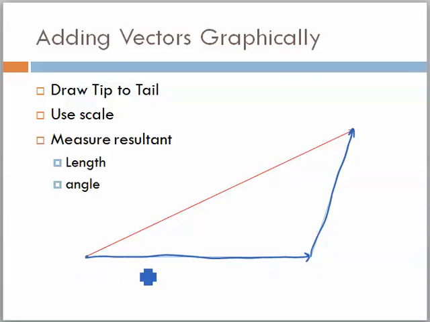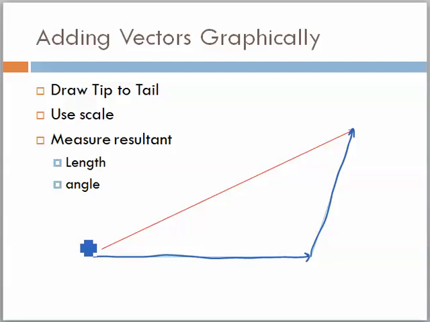I think I may have said it wrong here. This is its tail, this is its tip, and it's tip to tail. Up here is another tip. So I've added these two vectors together, and we could measure this resultant here.